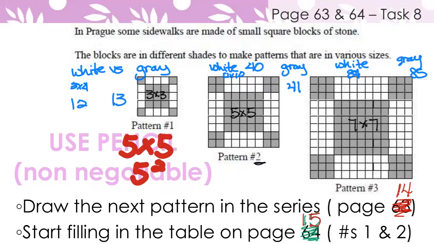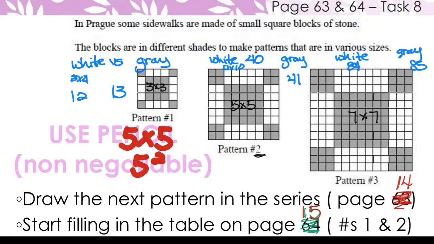Pattern 2 is what? 9 by 9, or a 9 squared. Pattern 3 is 13 by 13.